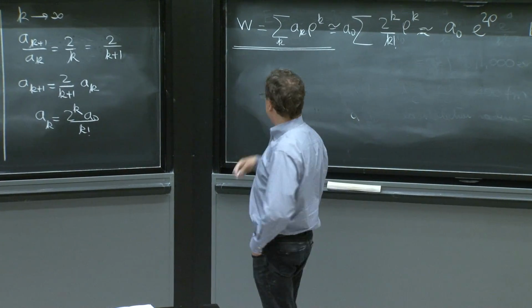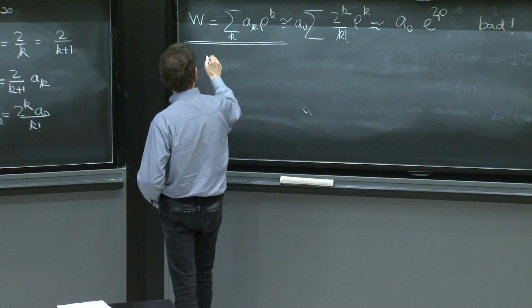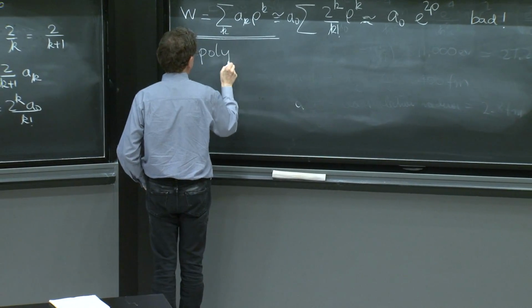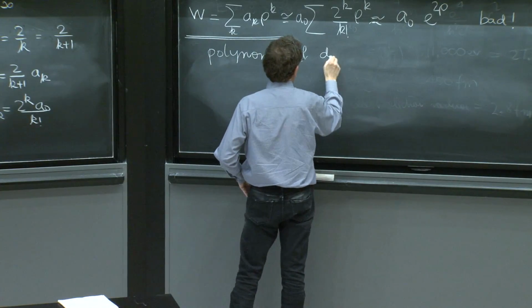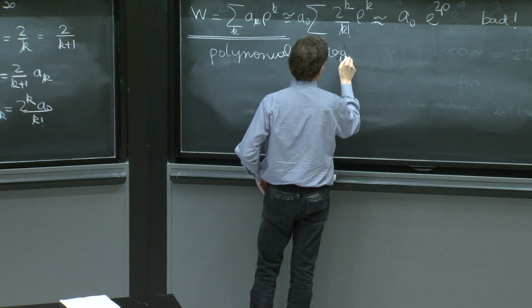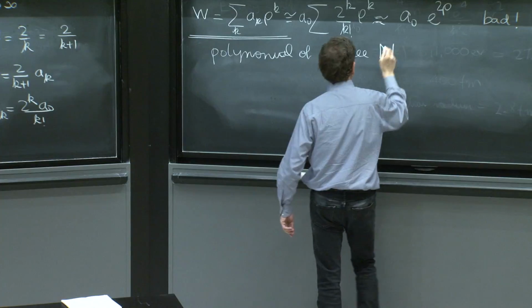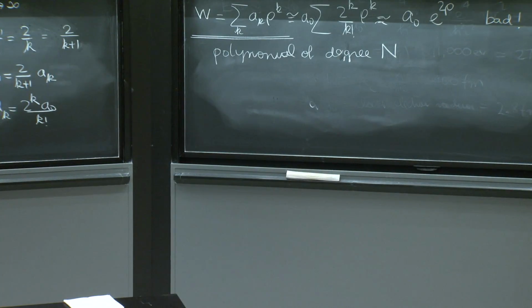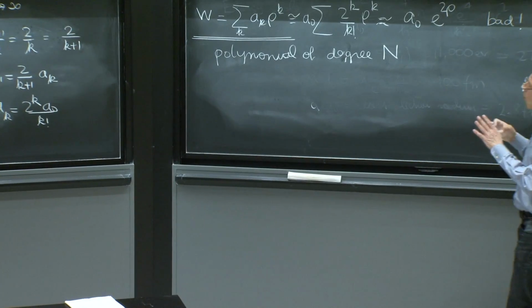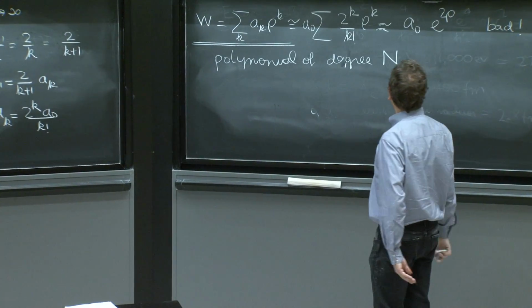Let's assume that we want a polynomial of degree capital N. There will be lots of little constants, capital N, little n. I want a polynomial of degree capital N.